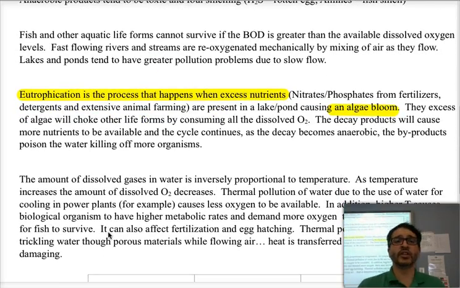All right, coming back over here, if we have competition for the oxygen dissolved in water, the bacteria are going to tend to use it up before fish or other larger aquatic life forms can use it, and therefore that's actually going to be negative.